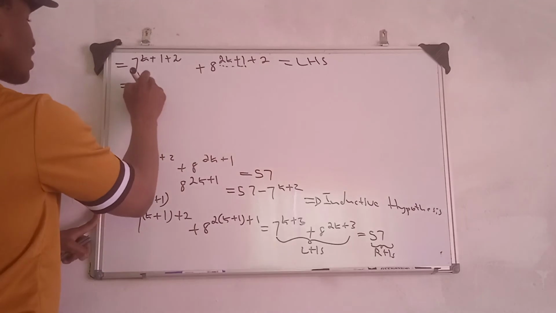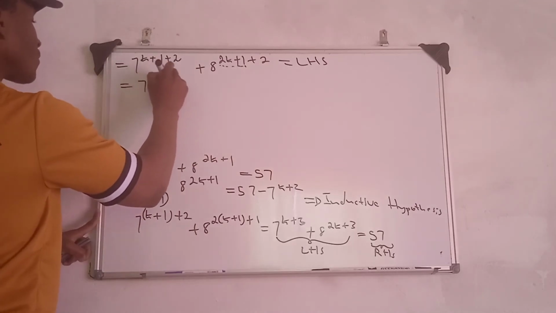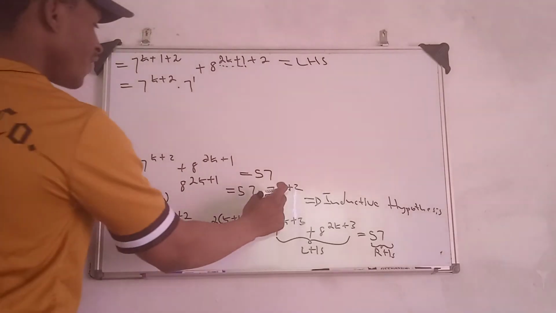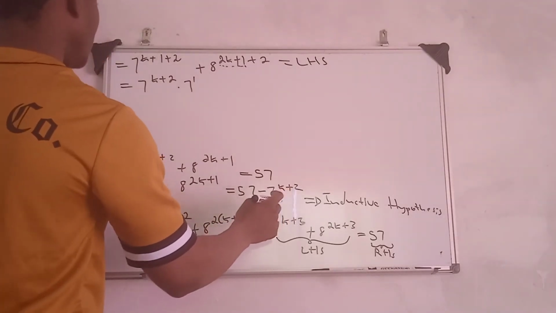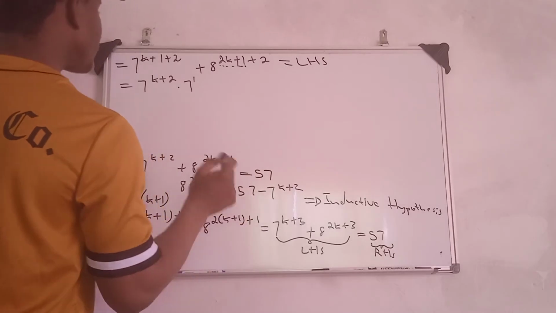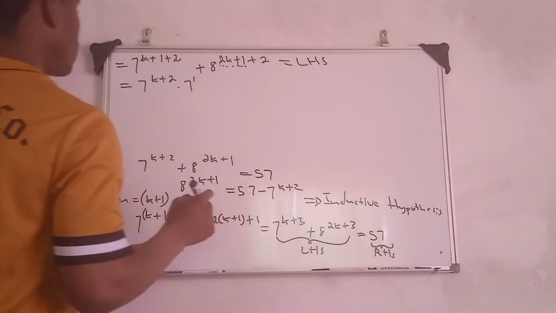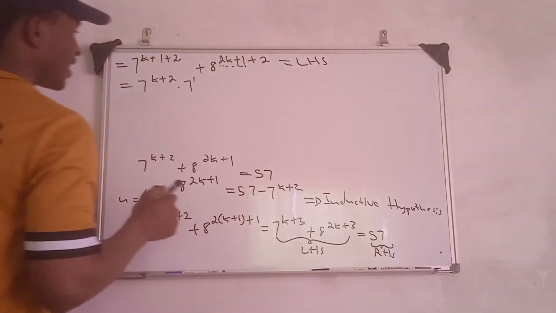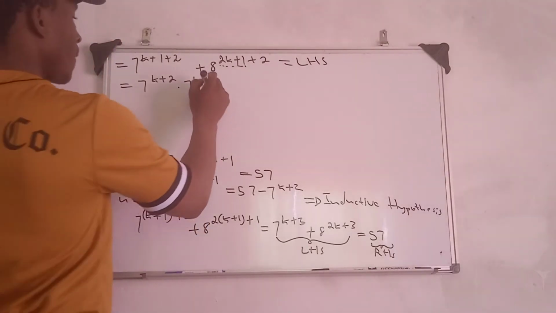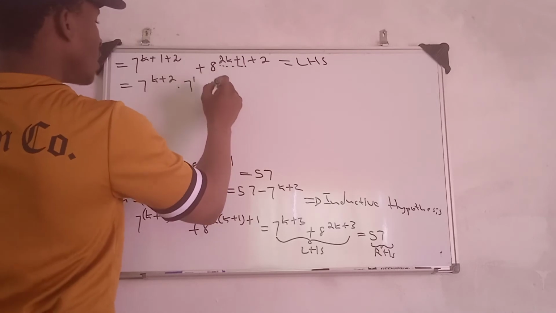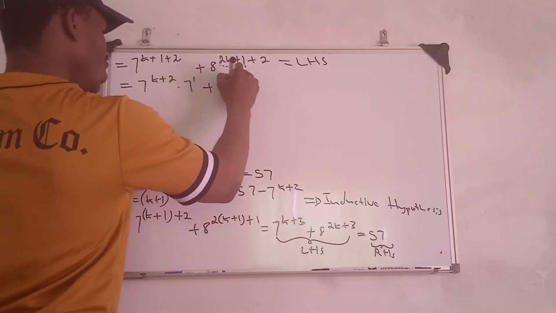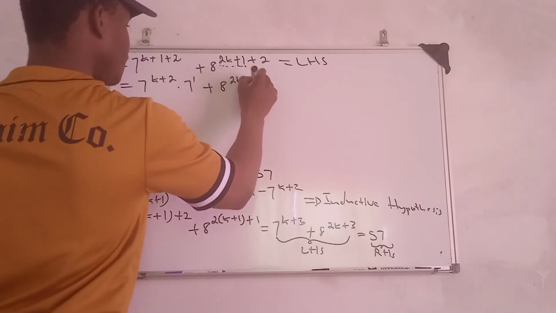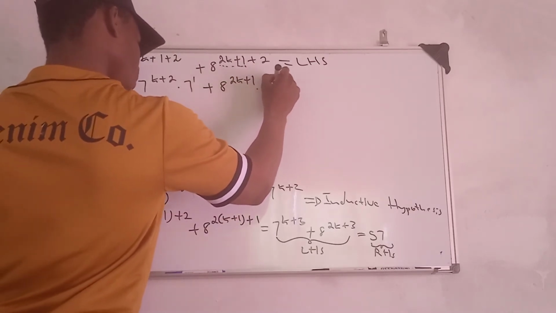So I can just say 7^(k+2) times 7^1. So it appears here. It's a nice thing, because I have to make sure that the exponents are equal so that they can add to each other or subtract to each other in the end. So this will be plus 8^(2k+1) times 8 squared.